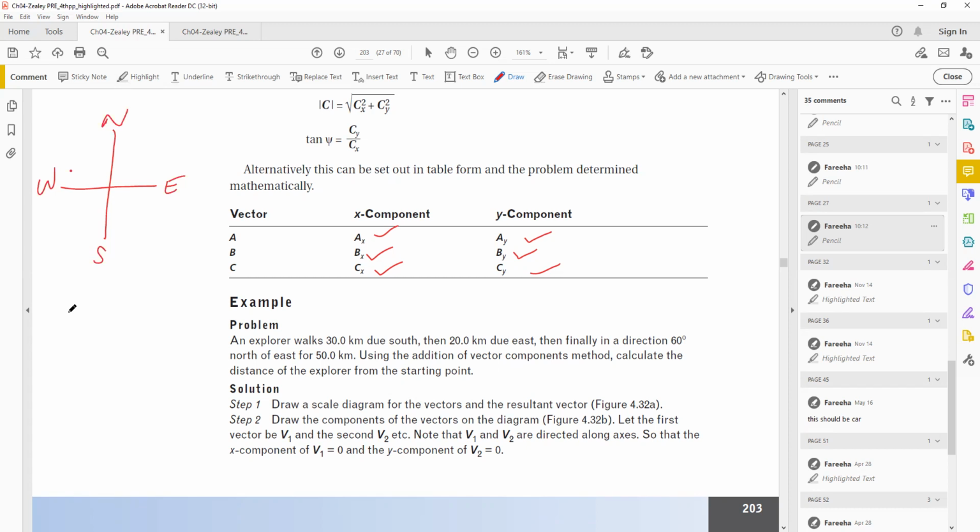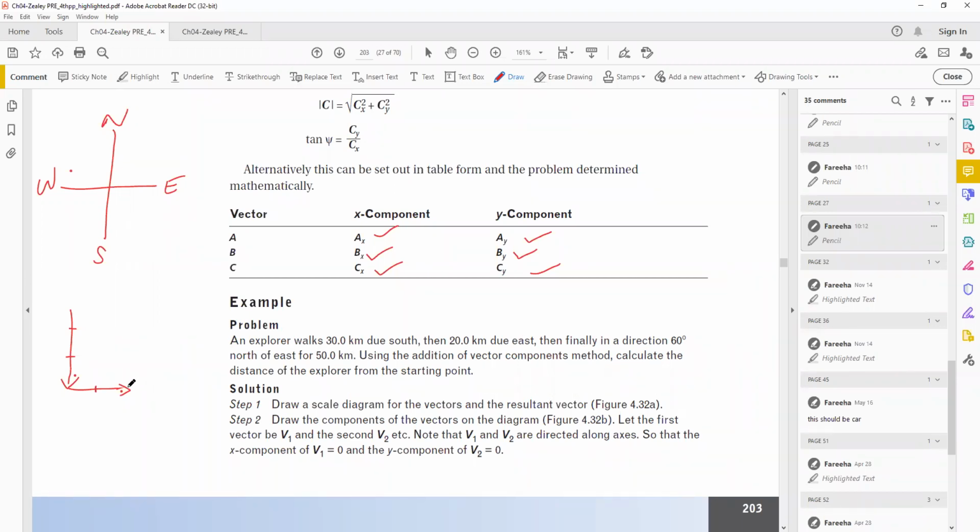You can use 3 divisions here, 1, 2, 3. Then 20 kilometers due east. So 20 kilometers can be 2 divisions, and you can have it here. So this is 20 kilometers. And then finally, in a direction of 60 degrees north of east, he walked 50 kilometers.